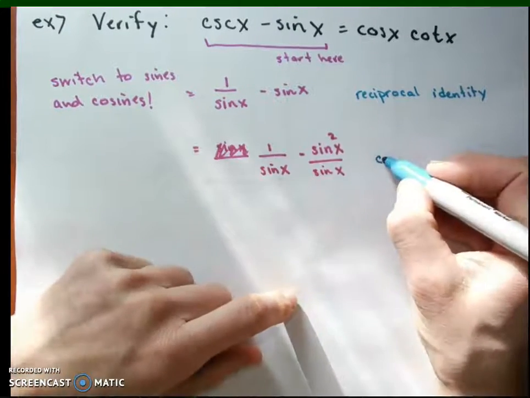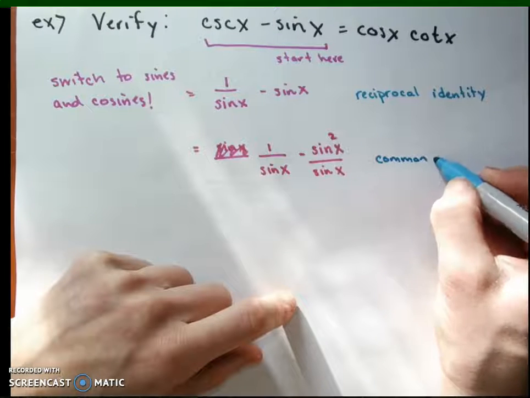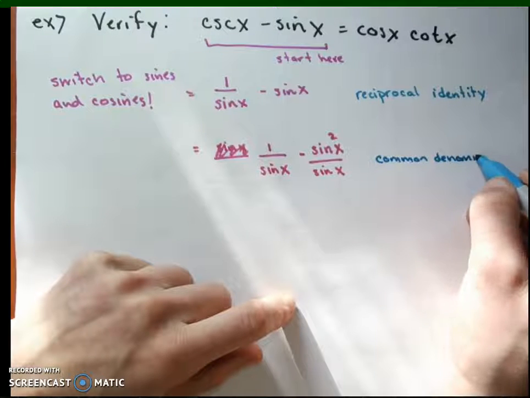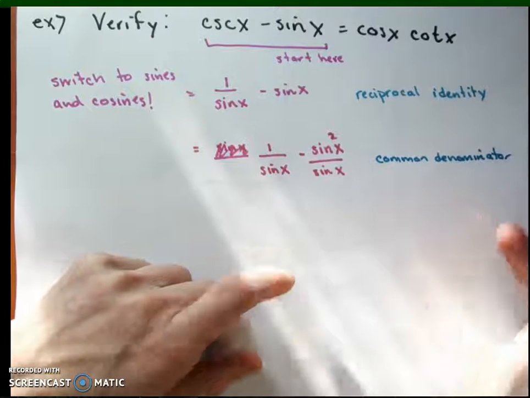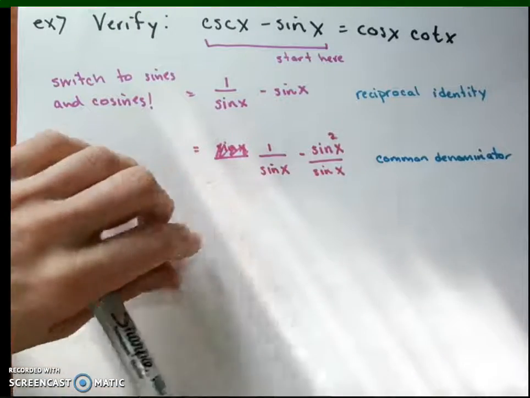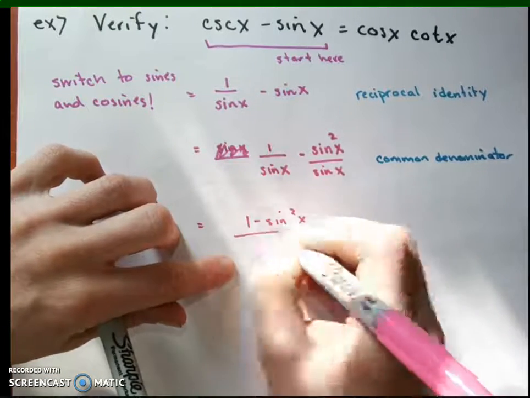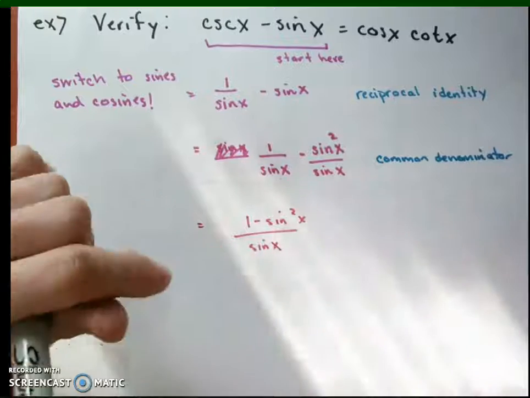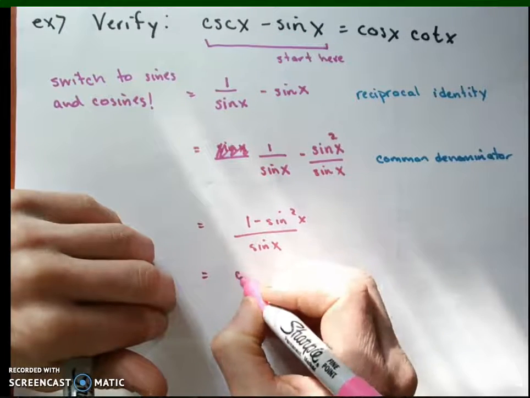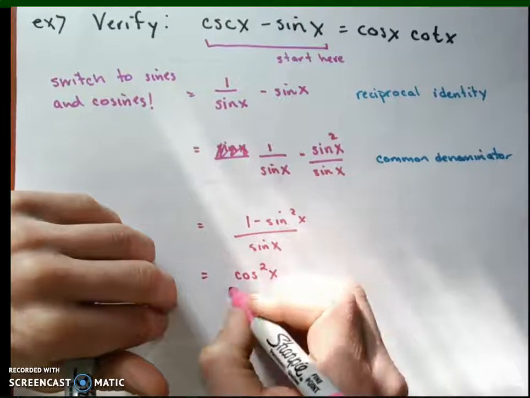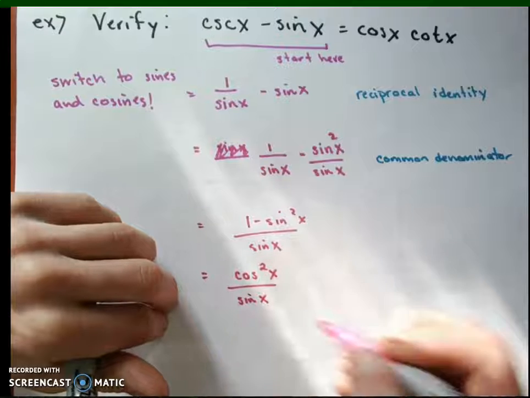So here I'm just getting common denominator. Now notice that the top is 1 minus sine squared x. So by the Pythagorean identity, that's cosine squared x on top over sine x.